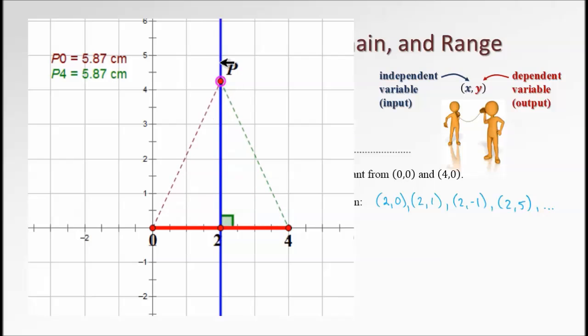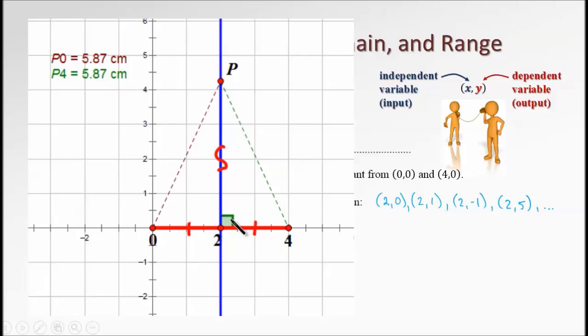Why is it so? Well, since we are talking about a perpendicular bisector, first of all, it is perpendicular to the segment (0, 4), so we have a right angle here and there as well. Secondly, it bisects the segment from 0 to 4, so these two distances are exactly the same. Thirdly, the segment P2 is common for these two small triangles, so we can mark it as common.